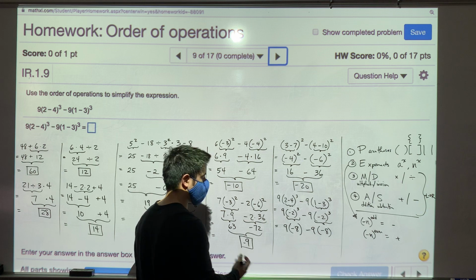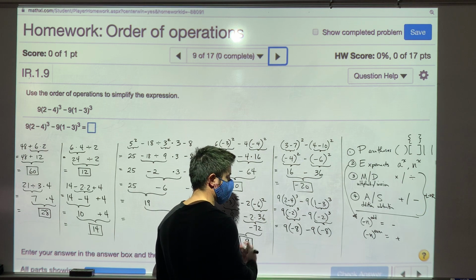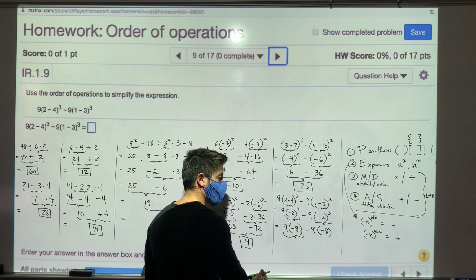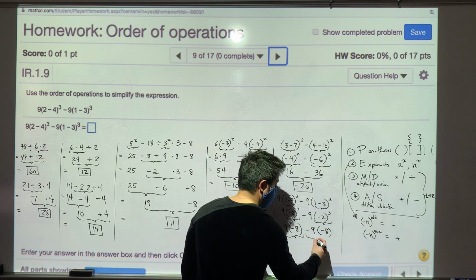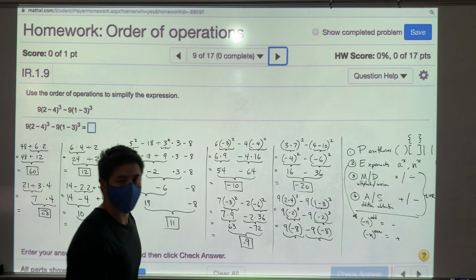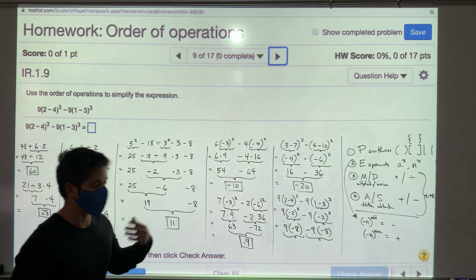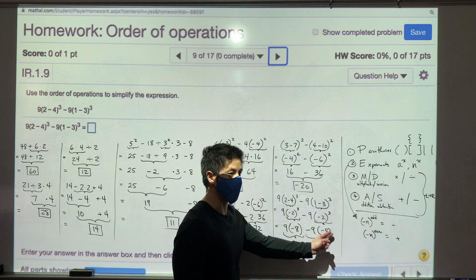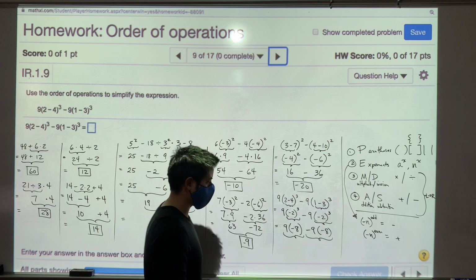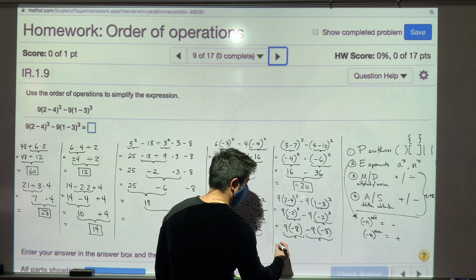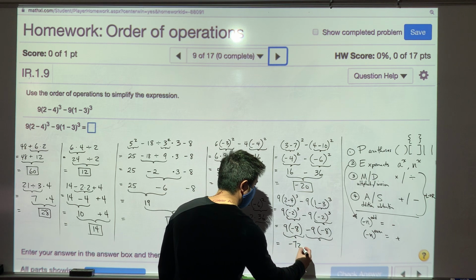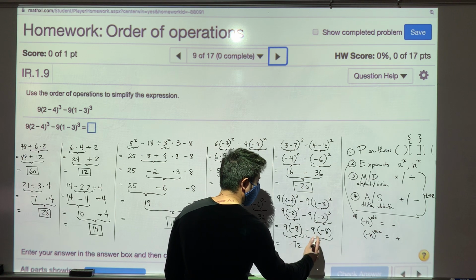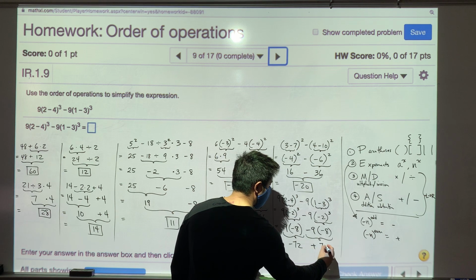Now, with that said, I'm done with my exponents and I can move on to multiplication and division. I've got a multiplication problem here and another multiplication problem right beside it. 9 times negative 8, negative 9 times negative 8. Let's do both. A positive 9 times a negative 8 is a negative 72. A negative 9 times a negative 8 is a positive 72.